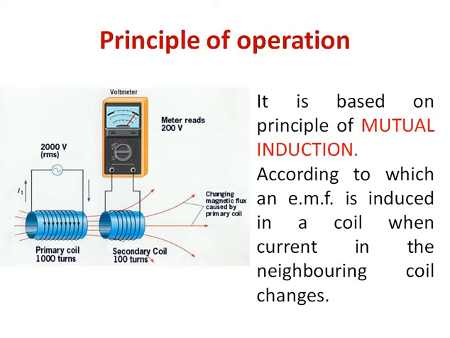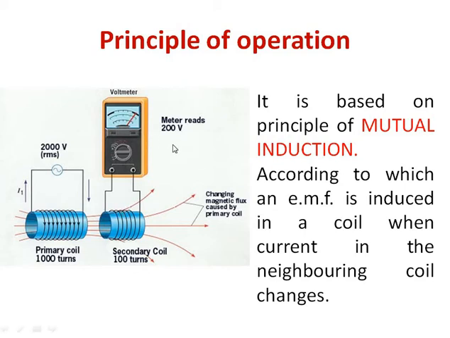The principles of operation. Here we are having the primary coil which has 1000 turns. In the secondary coil you are having 100 turns. The input given to the primary coil is 200 volt, here you are having the RMS value. Then the current is I1, here the current will be I2.